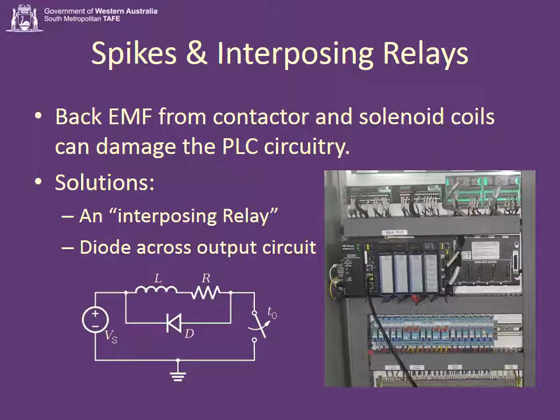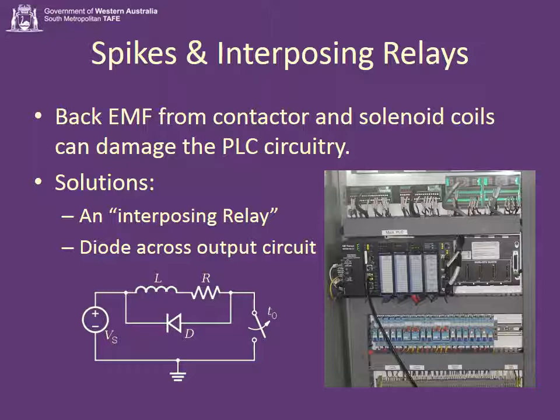Now, the problem with digital outputs to things like contactors and solenoids. Contactors and solenoids are effectively magnets and big coils. What happens is we turn the power on to the big coil, it becomes an electromagnet, and then it draws the magnet or the core towards itself.